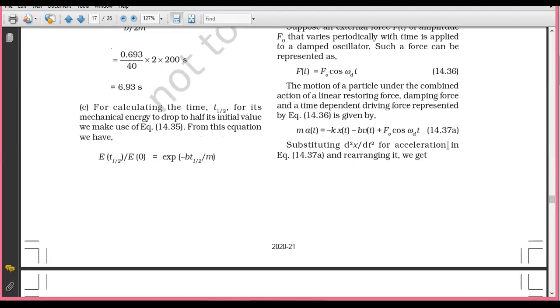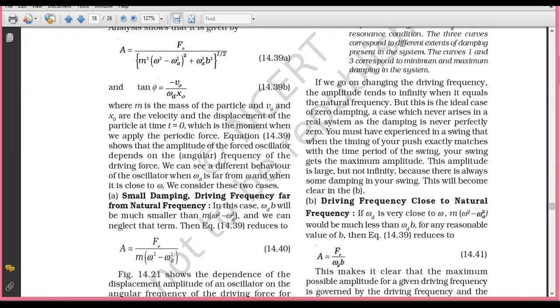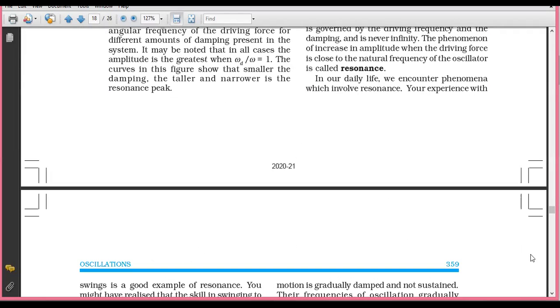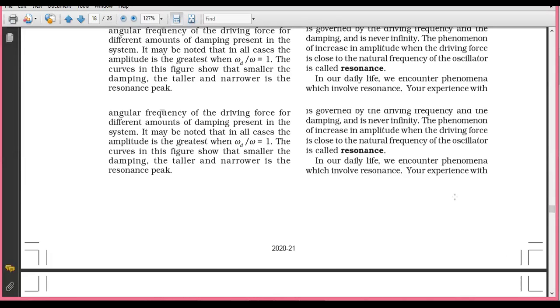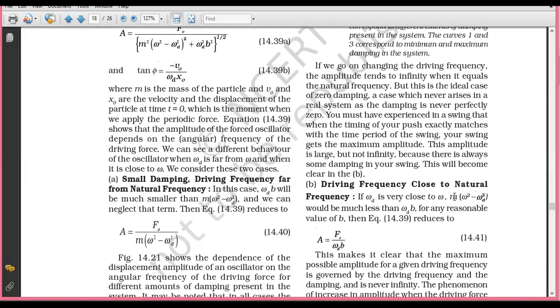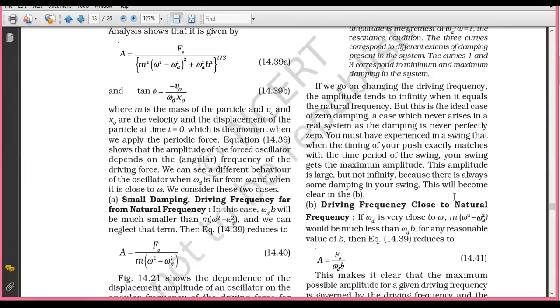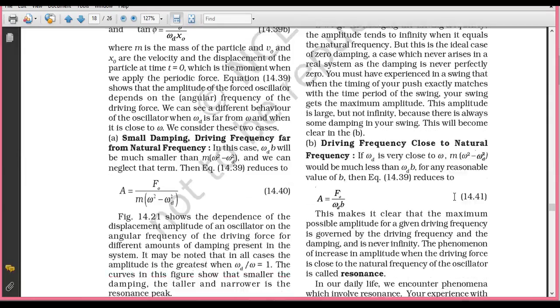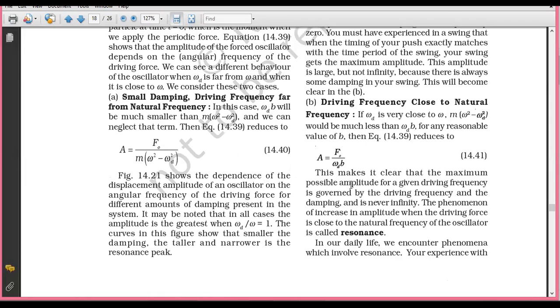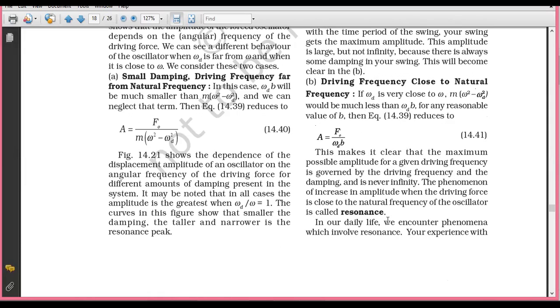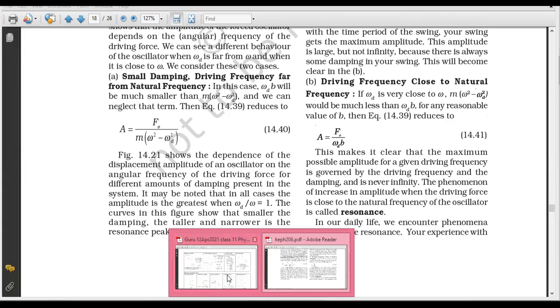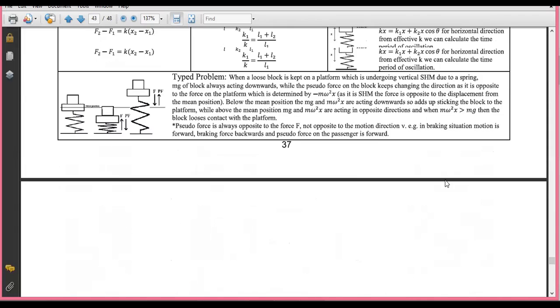Forced oscillations and resonance. This is the derivation which I talked about right now. So go through this textbook. I talked about the special cases of omega d into b. Why? Because it's coming from this formula.